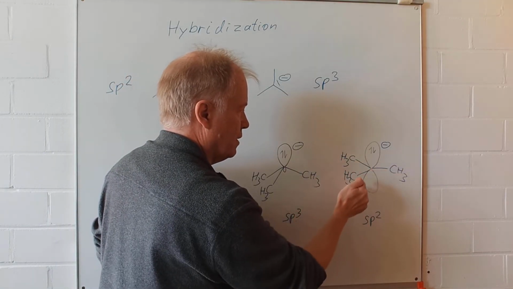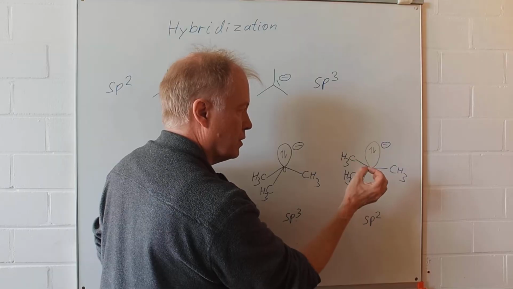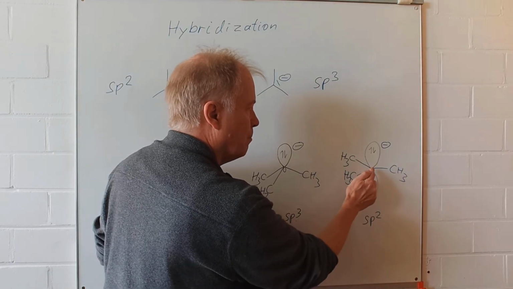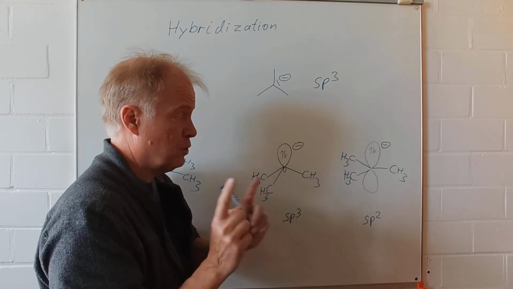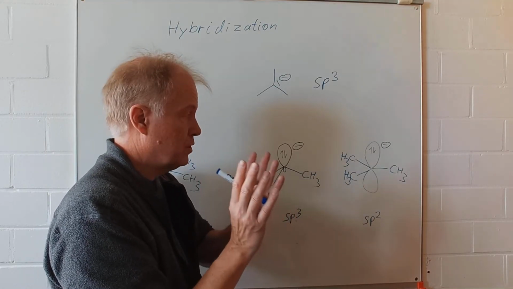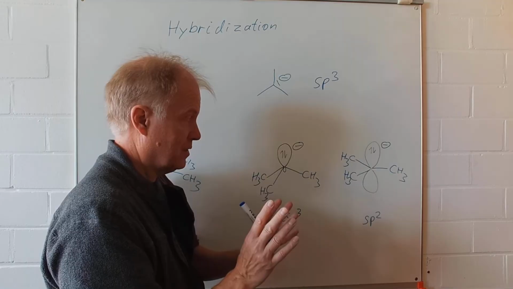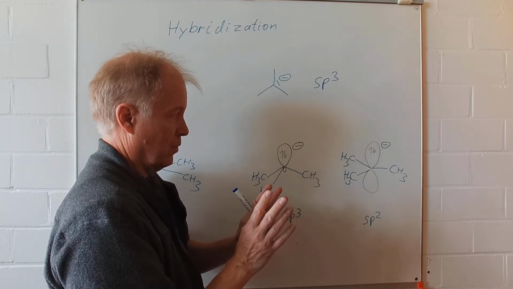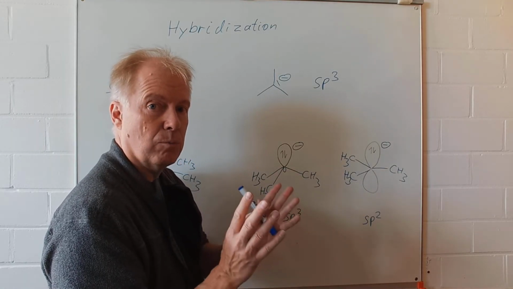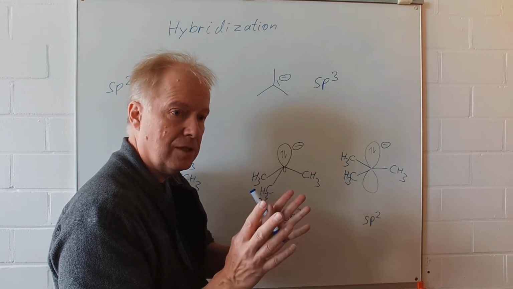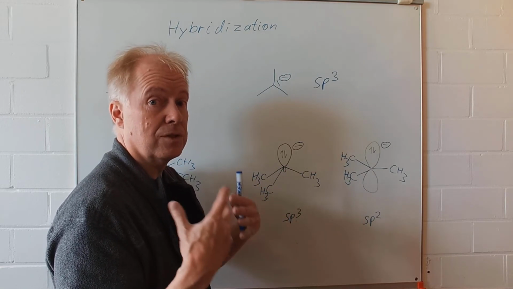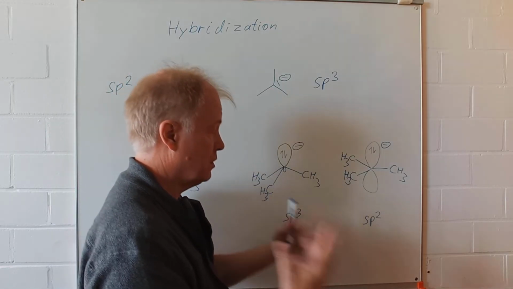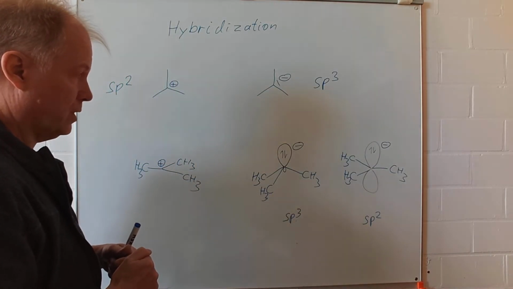In this case, this electronic repulsion makes the CC bonds and the CH bonds a little bit longer. That means it is weakening these bonds, and weakening the bonds is not at all favorable. It's energetically disfavored.